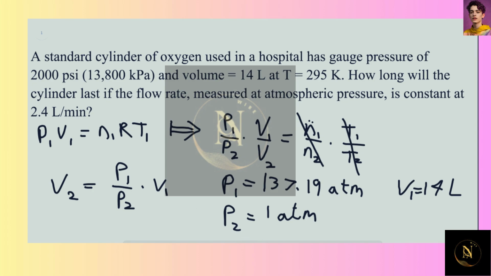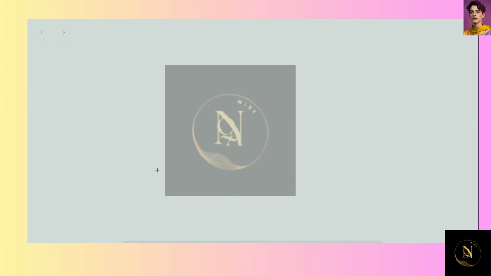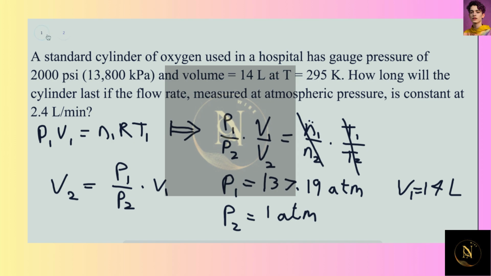So going on to a new page here, we get that V2 from substituting everything in and just popping this onto a calculator quickly.